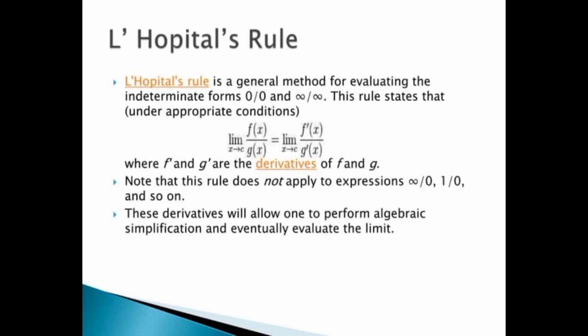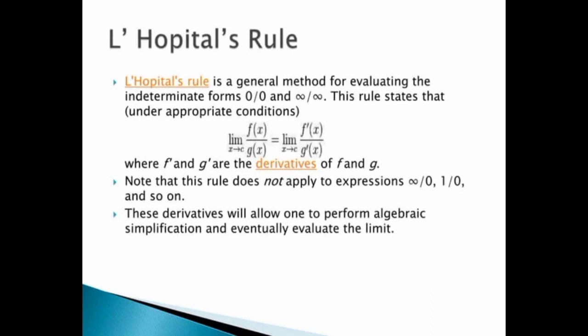We can also use L'Hospital's rule. L'Hospital's rule is the general method for evaluating the indeterminate forms 0 over 0 or infinity over infinity. This rule states that under appropriate conditions, the limit of f of x all over g of x, as x approaches a constant, equals the limit of f prime over g prime, where f prime and g prime are derivatives of f and g.